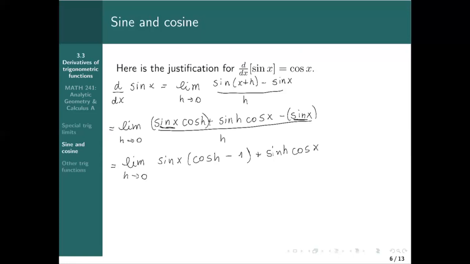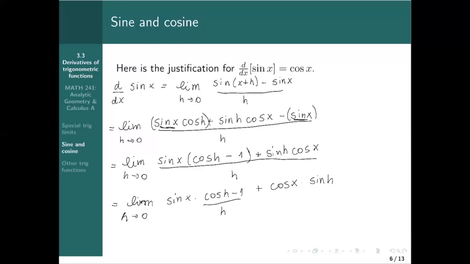And all of that over h. And now I'm going to rewrite this the following way. So this is the limit as h goes to 0 of sine of x times cosine of h minus 1 over h plus cosine of x times sine of h, that over h as well.